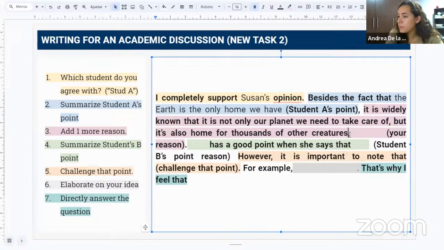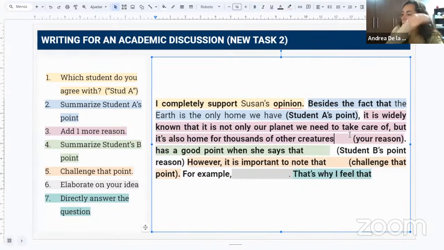Okay, something like that. Just an idea, right? So this is Susan's idea. Besides the fact that the Earth is the only home we have, it is widely known that it is not only our planet that we need to take care of, but it's also home for thousands of other creatures that we share. Okay, we can leave it there.